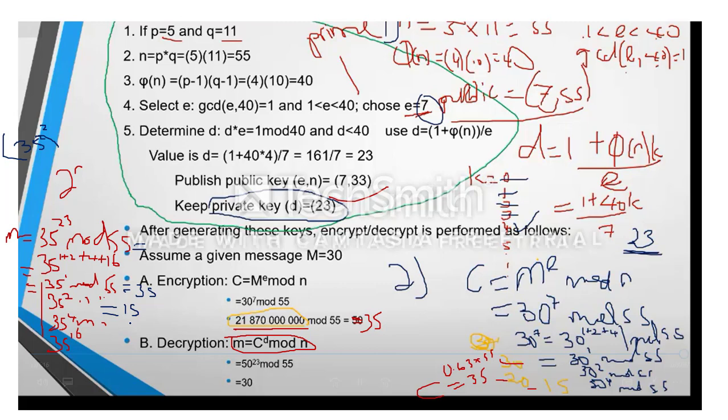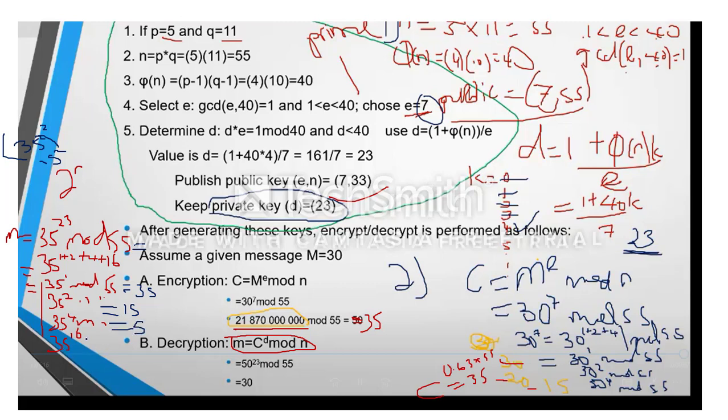So it's just as good as saying 15 squared mod 55. 15 squared, that's 225 over 55, you get 0.090. Sorry, I said 225 over 55. 0.090 times 55. You get 4.95, which is equivalent to 5.